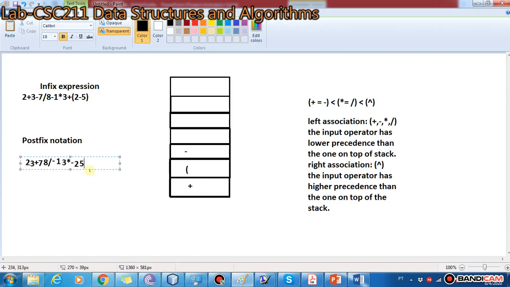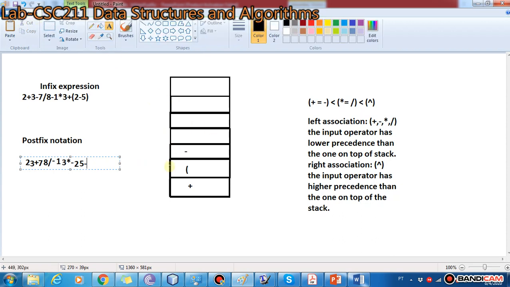It's just for matching. You have to match the pair of the parentheses. So now there is a right parenthesis, so you pop this minus sign from there, and then there is this opening parenthesis, so you discard that.